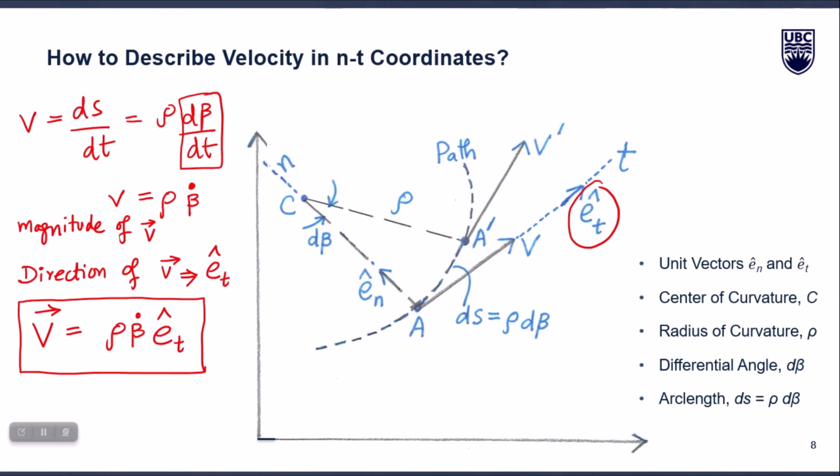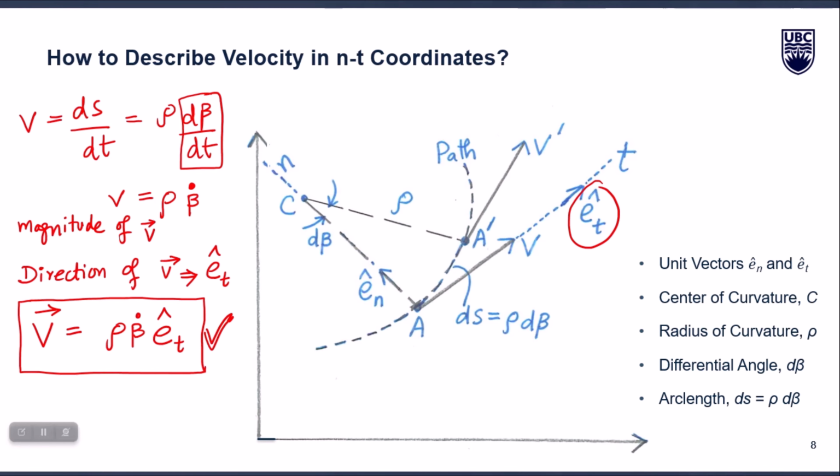It doesn't have a second component in the direction of E sub n. It only has one term, and that term is in the direction of the tangent. So that's how, in this equation at the bottom, we describe the velocity vector in terms of n-t coordinates.